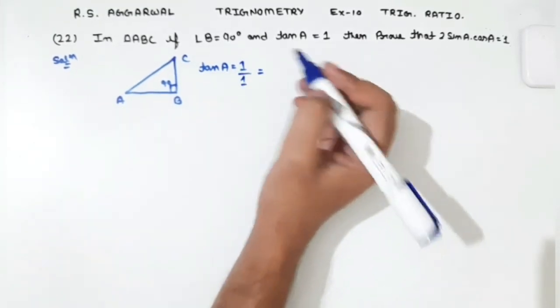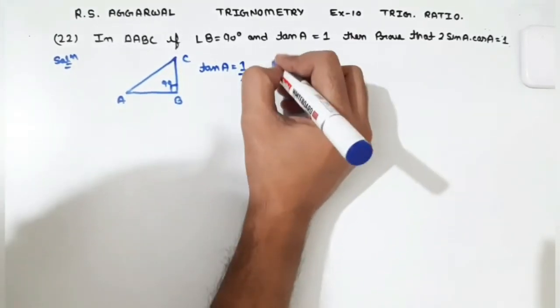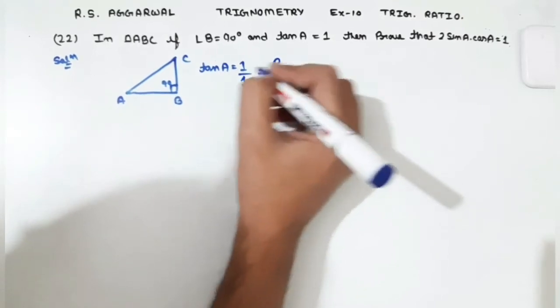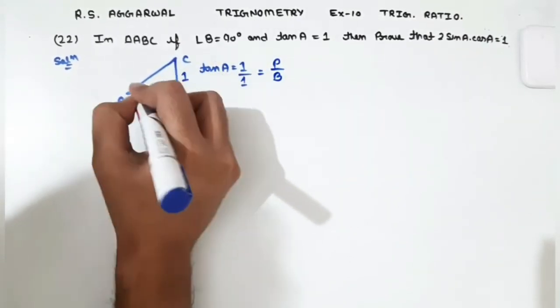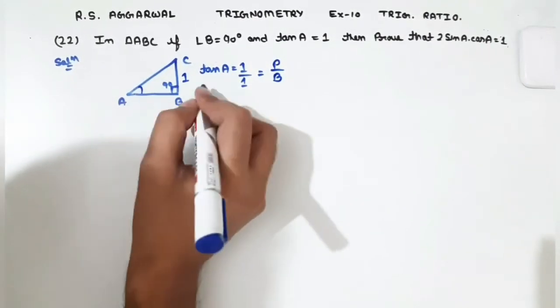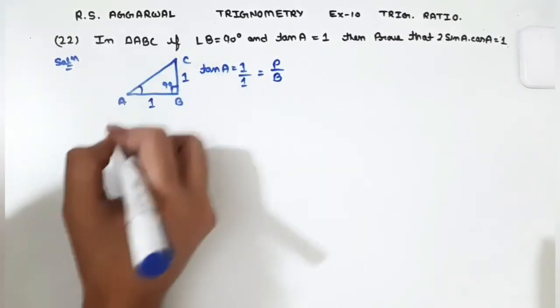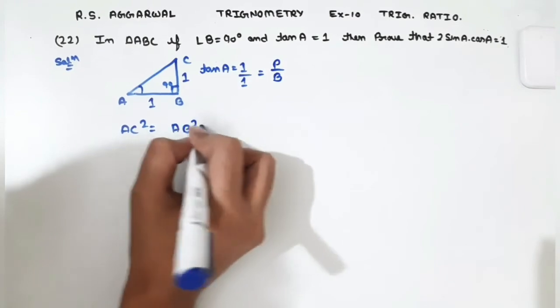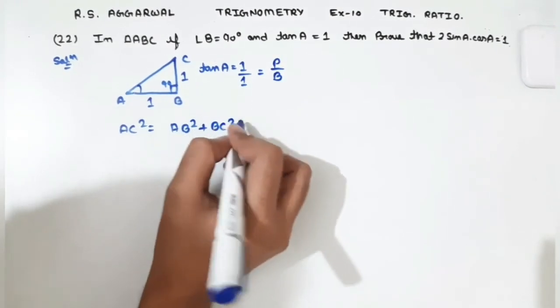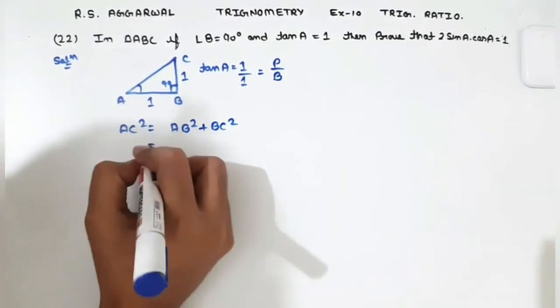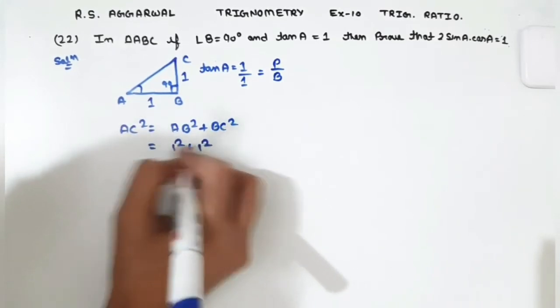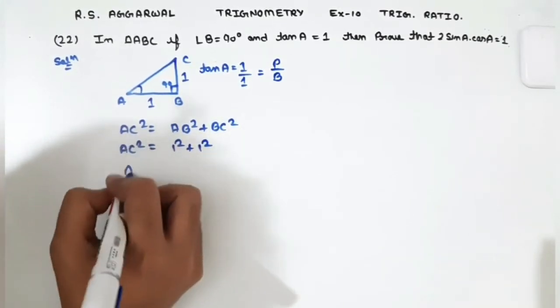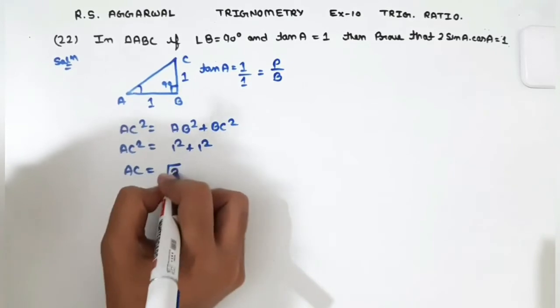We know tan A equals perpendicular upon base. So our perpendicular will be 1 and base will also be 1. So AC square will be equals to AB square plus BC square by Pythagoras theorem. 1 square plus 1 square equals AC square. So AC will be under root 2.